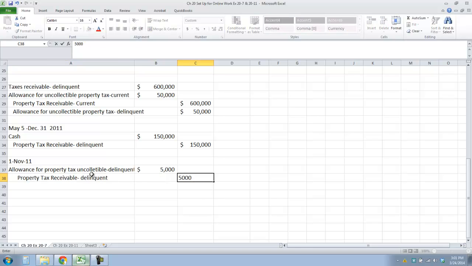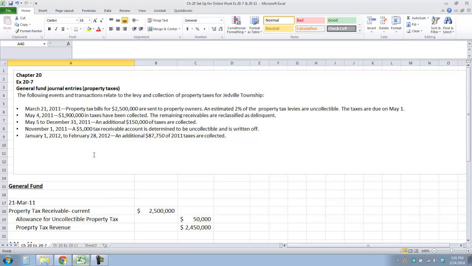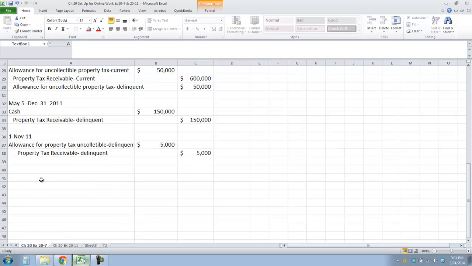So basically, to write off we reduce the allowance for delinquent and we reduce the receivables. So that's writing off the delinquent account that we think is uncollectible. January 1st, 2012 to February, we collect an additional $87,750 of taxes.